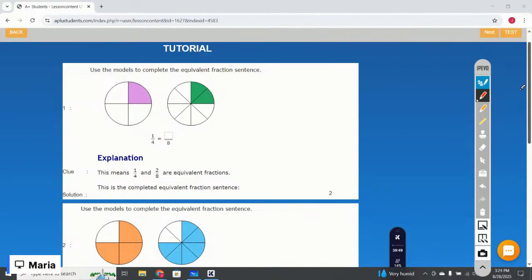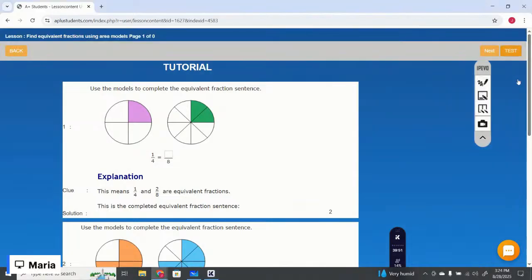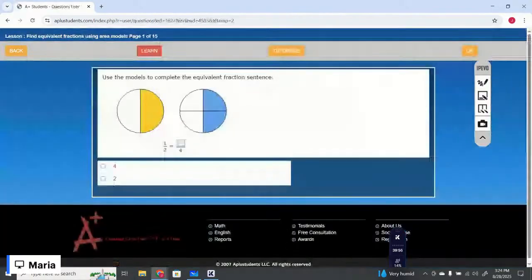Let's just start with the test questions. Use the models to complete the equivalent fraction sentence.